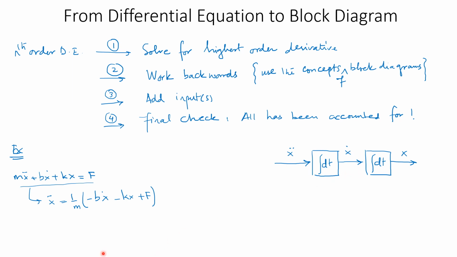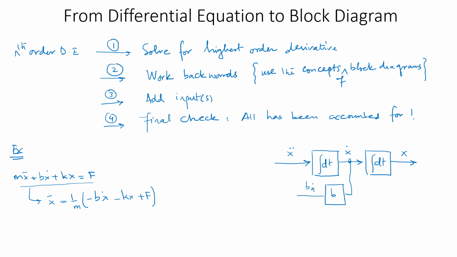So the very first thing that I can observe is that I need x dot to be multiplied with b and then have a negative sign associated with that in order to come up as one of the elements in the x double dot term. So that would be done very simply. Take the x dot from here, have a takeaway point for that, and have it multiplied with b, and that is going to give you a signal b x dot available.